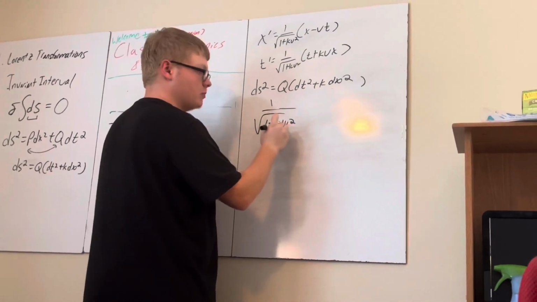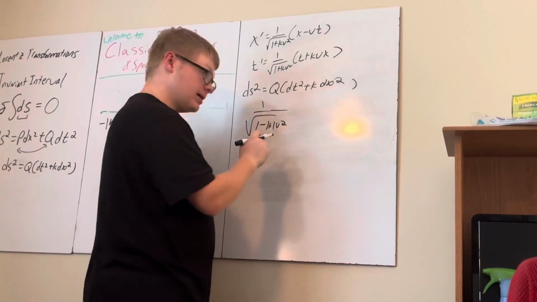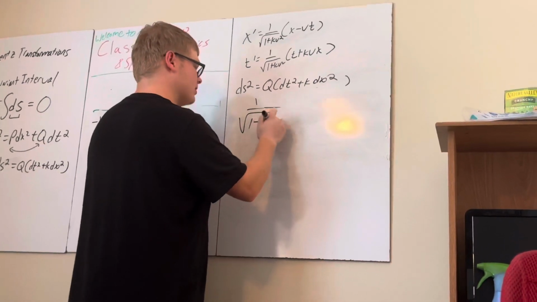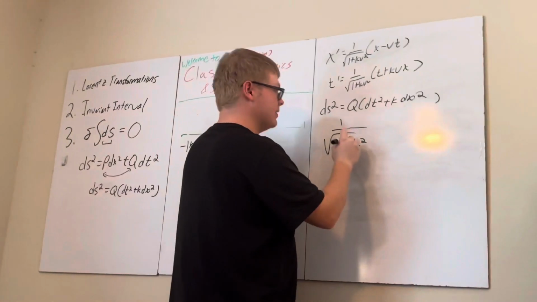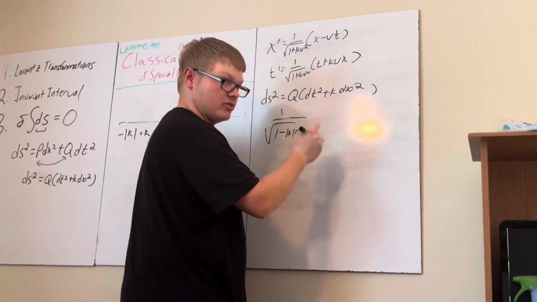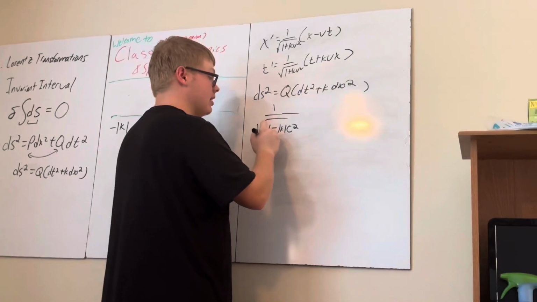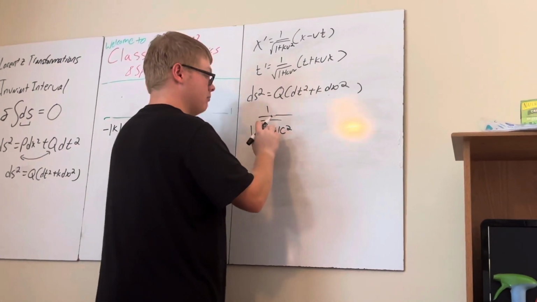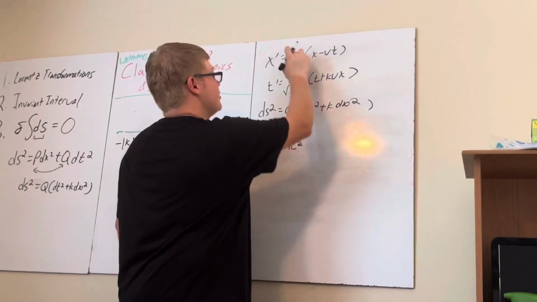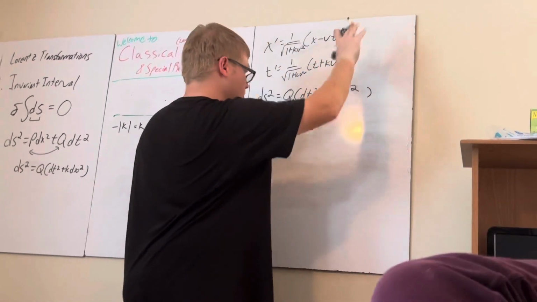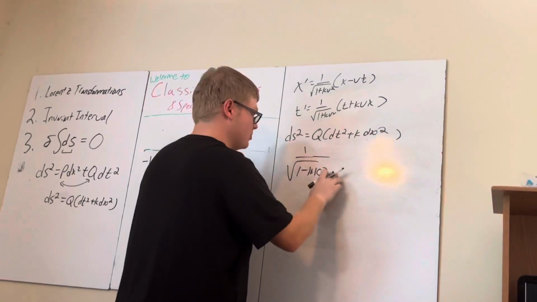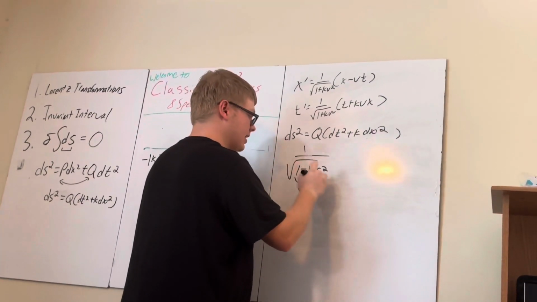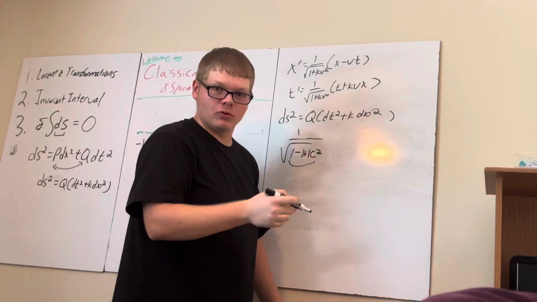There's now a special speed, and we'll call it c, where if you exceed that speed, this will become imaginary valued, which is very unphysical, and if you get to that value, it'll go to 0, which is dividing 1 by 0, and will blow up to infinity and non-defined stuff. We call that speed c, and that's the speed of light in a vacuum, as it's more famously called.